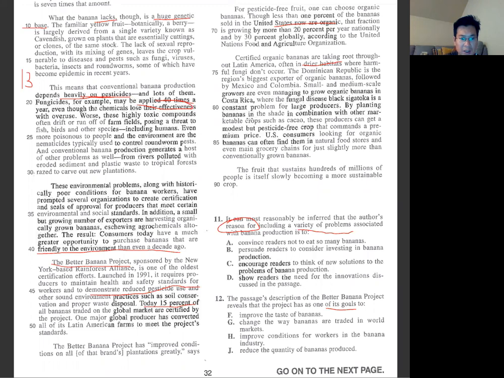By planting banana in the shade in combination with other marketable crops such as cacao, these producers can get a modest but pesticide-free crop that commands a premium price. U.S. consumers looking for organic bananas can often find them in natural food stores and even main grocery chains. And then that last paragraph, fruits that sustain hundreds of millions of people is itself slowly becoming a more sustainable crop.